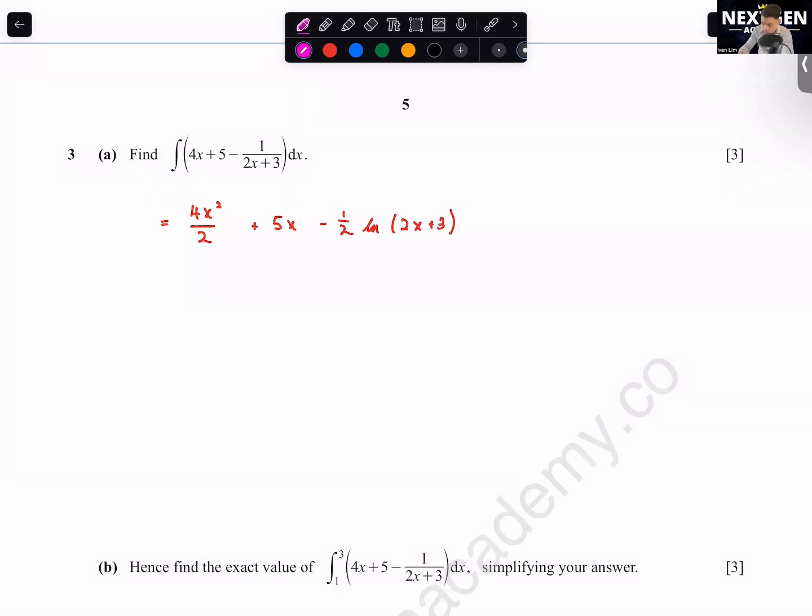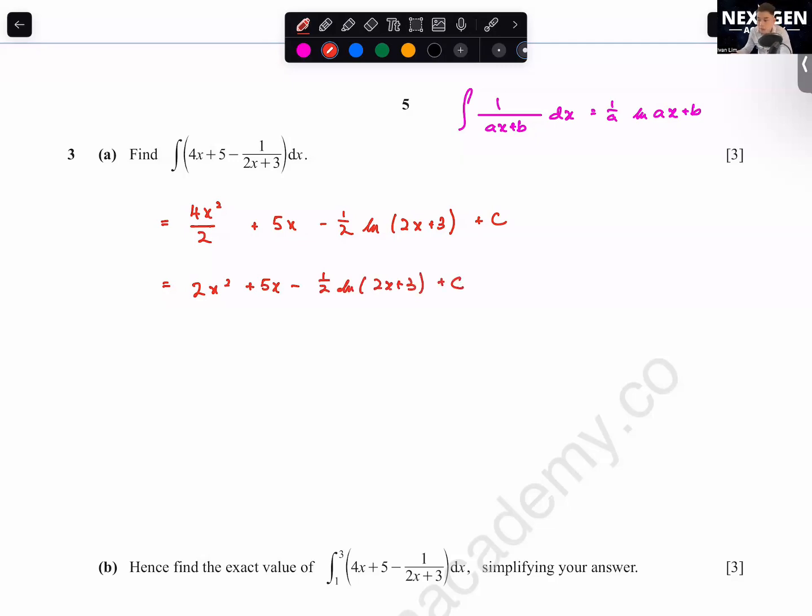For those who don't know this one, if you have 1 over (ax plus b), you get 1 over a ln(ax plus b). You just find the term with the x, then you bring it as 1 over that value. And don't forget to write your plus c. Simplify it: 2x squared plus 5x minus 1 over 2 ln(2x plus 3) plus c.